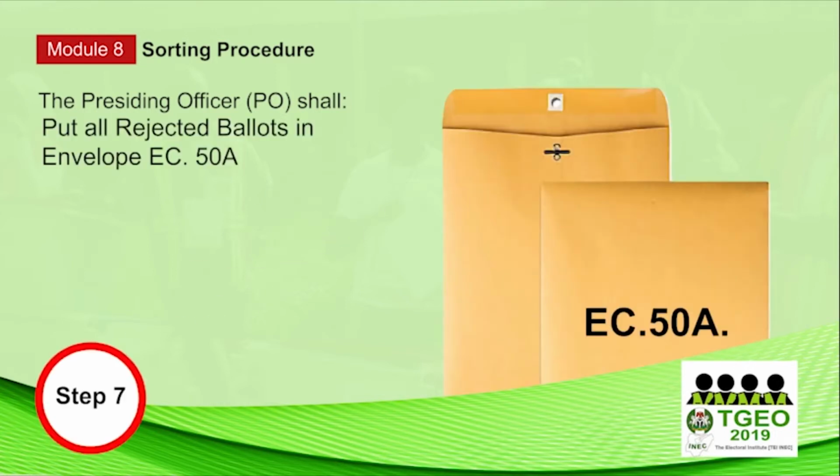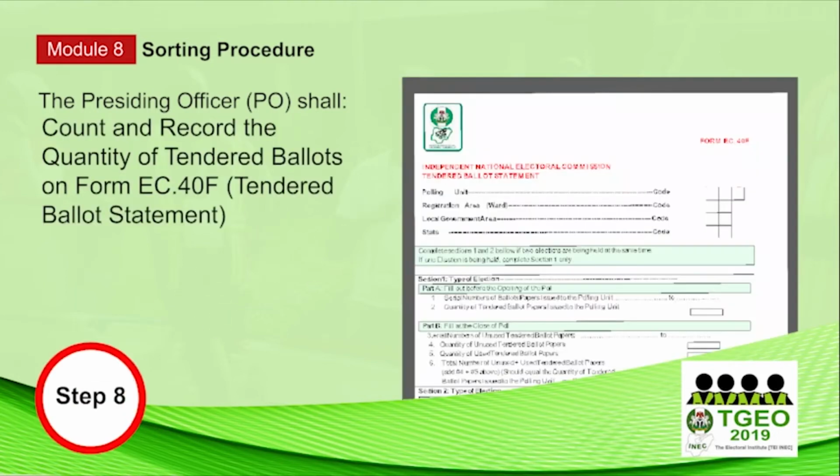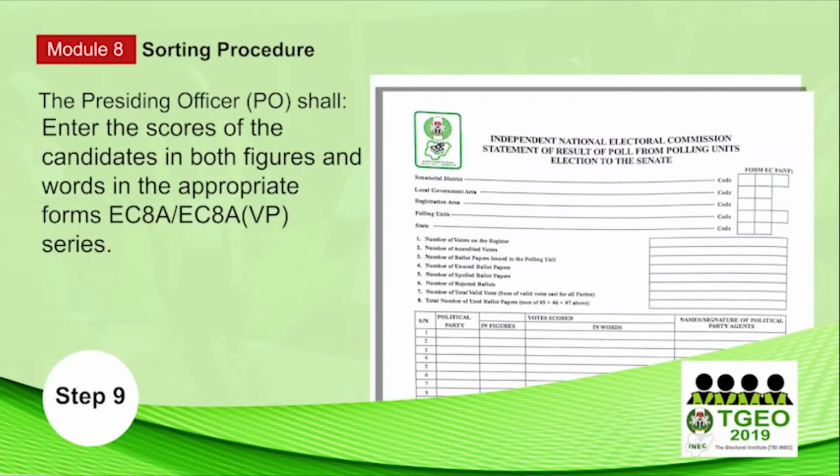Put all rejected ballots in envelope EC50A. Step 8. Count and record the quantity of tendered ballots on Form EC40F, tendered ballot statement. Step 9. Enter the scores of the candidates in both figures and words in the appropriate forms EC8A, EC8A VP series.